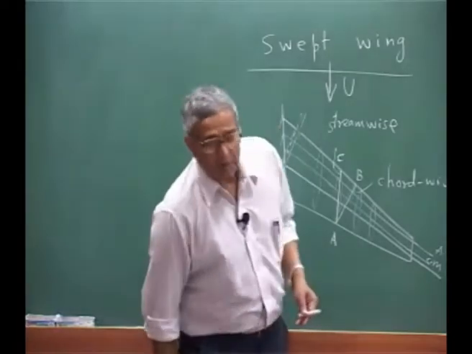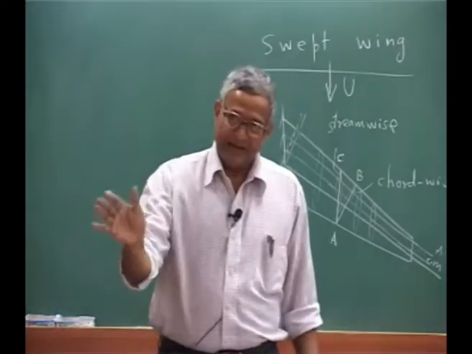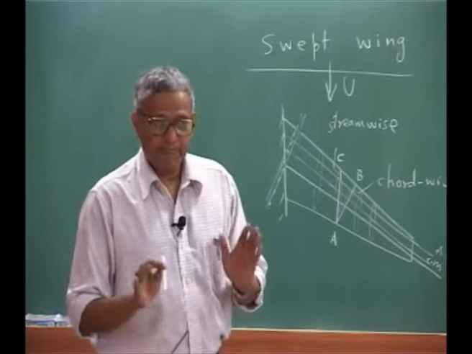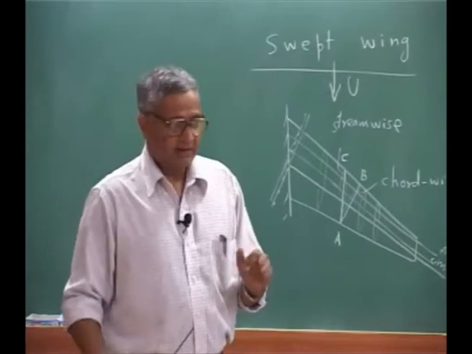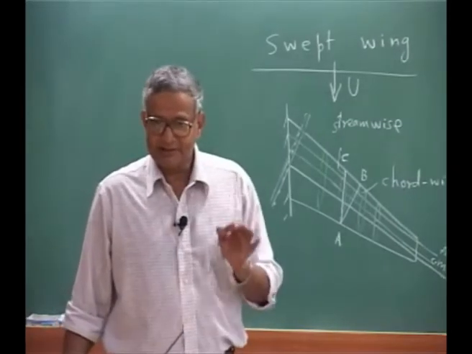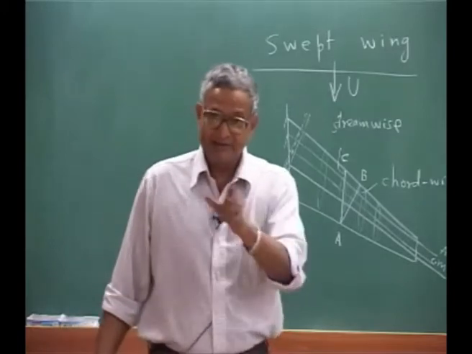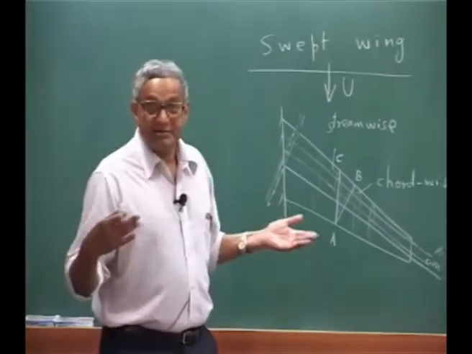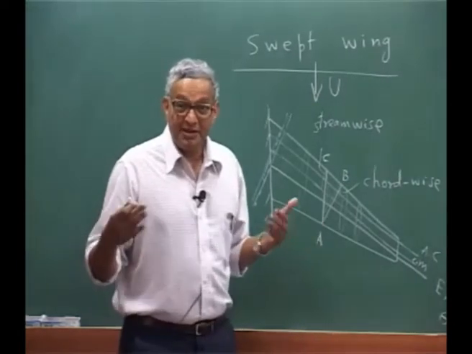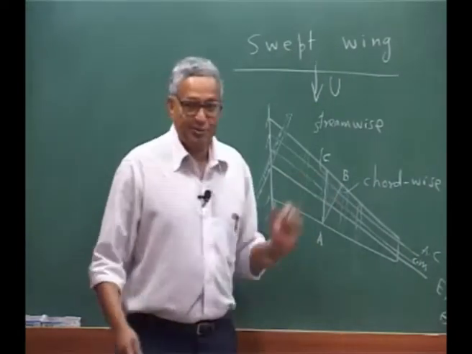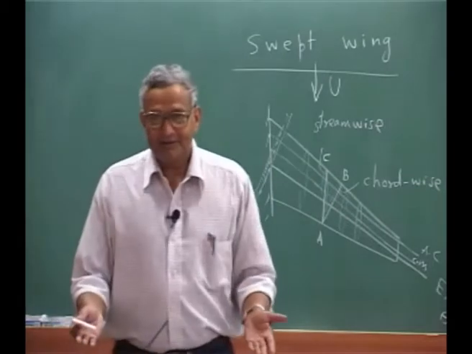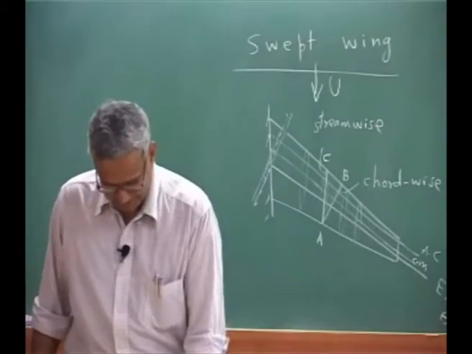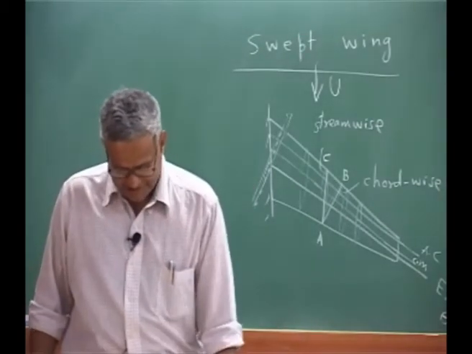We will derive both chordwise as well as streamwise formulation. And then in the example which I give you as an assignment, you can solve by both approaches to find out how the divergence speed varies depending on your approximation. Okay.